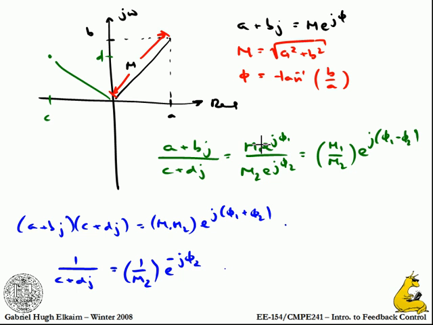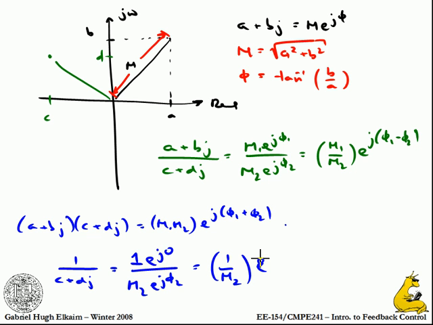Because all I did was, well, 1 is 1 e to the j 0, divided by M2 e to the j phi 2, which is just 1 over M2 e to the j (0 minus phi 2), which is 1 over M2 e to the minus j phi 2.